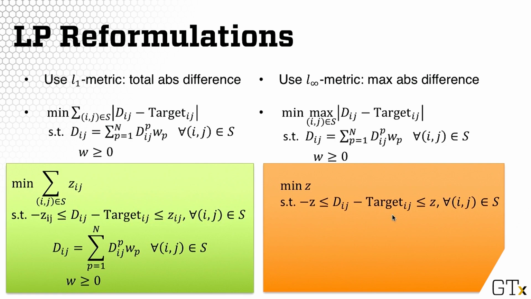So that can be reformulated as z being greater than or equal to the inside of the absolute value and greater than or equal to negative of it, for every pixel. Again, this is a linear programming model. So both problems can be reformulated as linear programming problems, and both are always feasible. And the result is a radiation treatment plan that is as close as possible to the target plan.